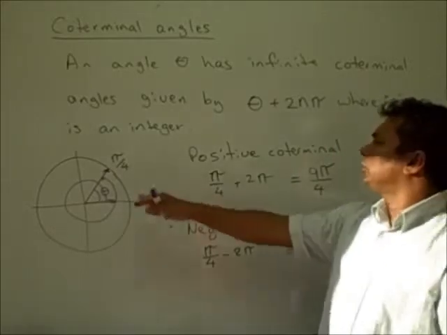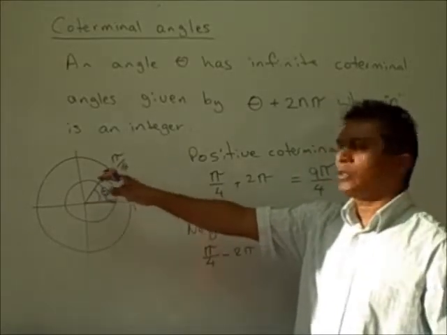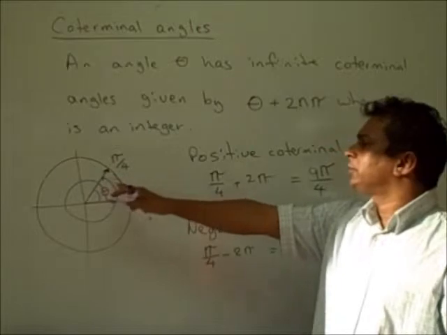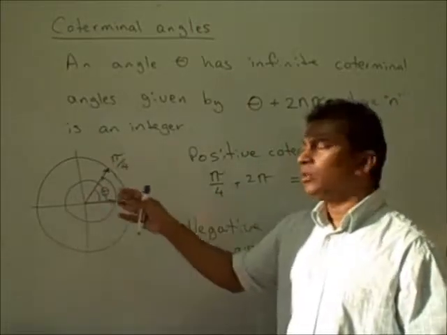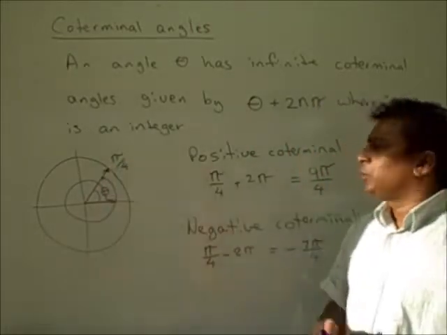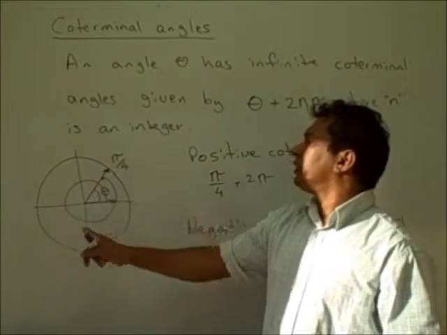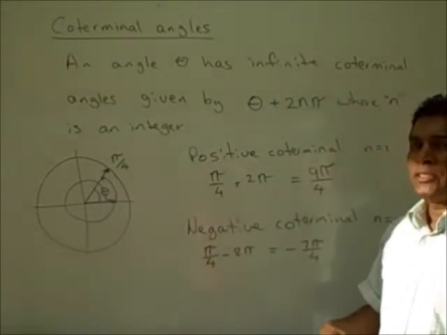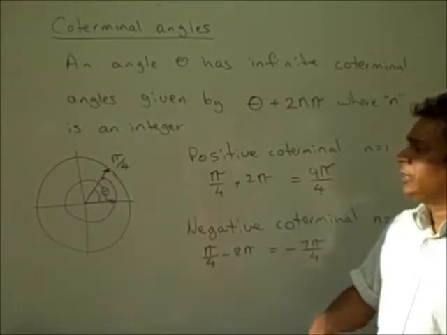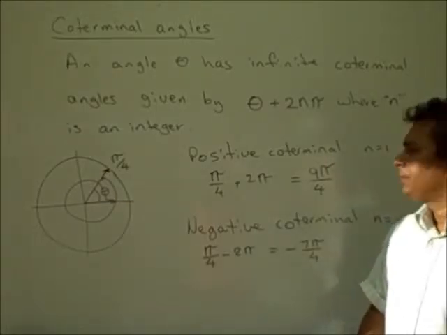So one revolution plus pi over 4 will give us a coterminal angle. Similarly, two revolutions plus pi over 4 will give us a second coterminal angle, or three revolutions plus pi over 4 will give us a third coterminal angle. And this continues on infinitely.